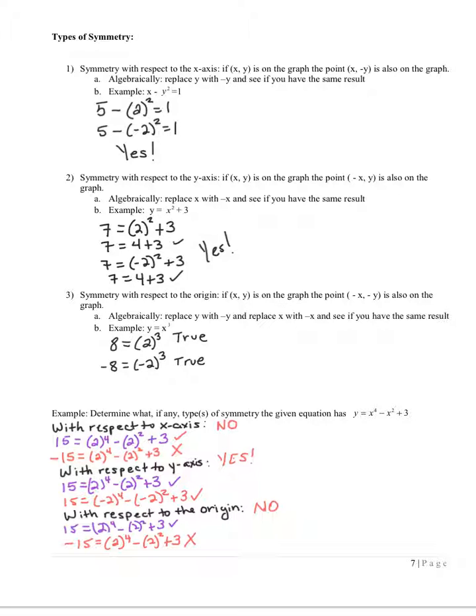So no, this particular graph is not symmetric with respect to the x-axis. With respect to the y-axis, it was symmetric because when I replaced the x value with negative x, I get a true statement. That means that this graph is symmetrical with respect to the y-axis.